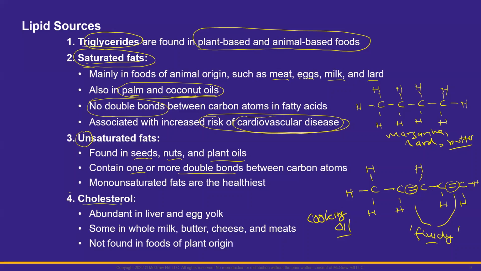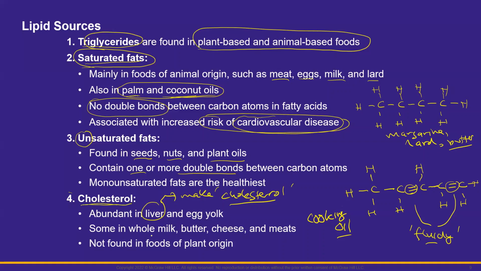Cholesterol is another type of fat that comes from our food or diet. It is also made in the liver. So we actually have cholesterol of our own, made in the liver, but we can also take cholesterol from our diet.